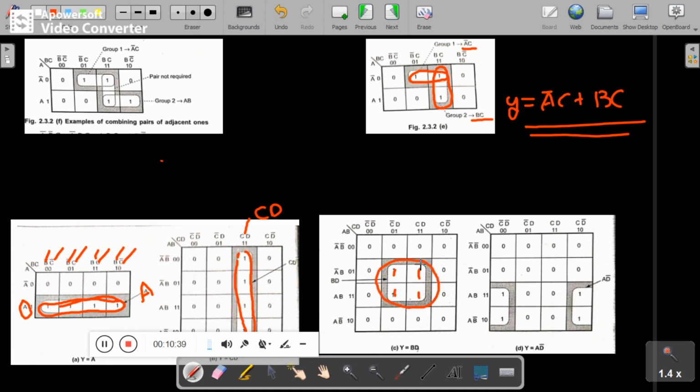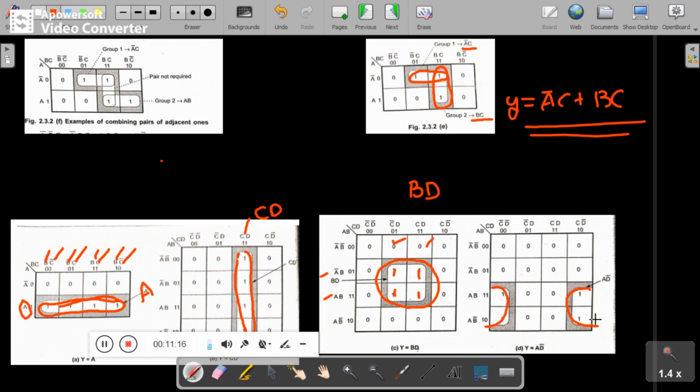Now when you write the answer, vertically you have to consider these two rows. Which is the common here? Here and here common is B. That is B. And top side you have to consider this and this column. Which is the common here? D. The answer is BD. So you can group cells something like this.